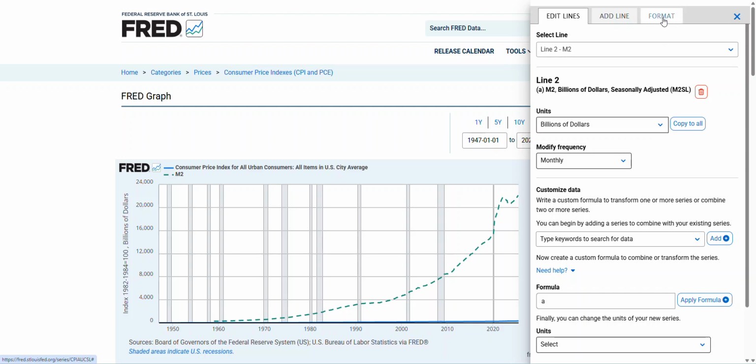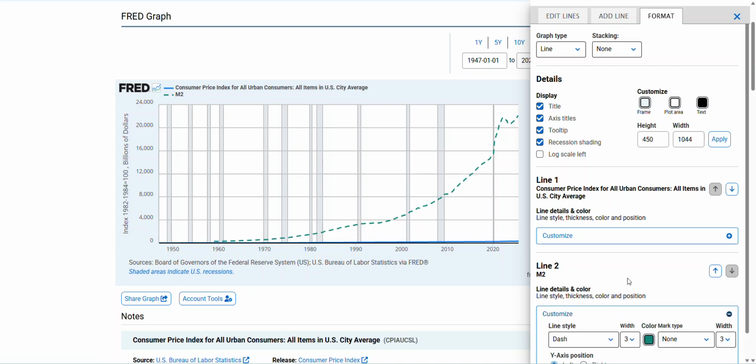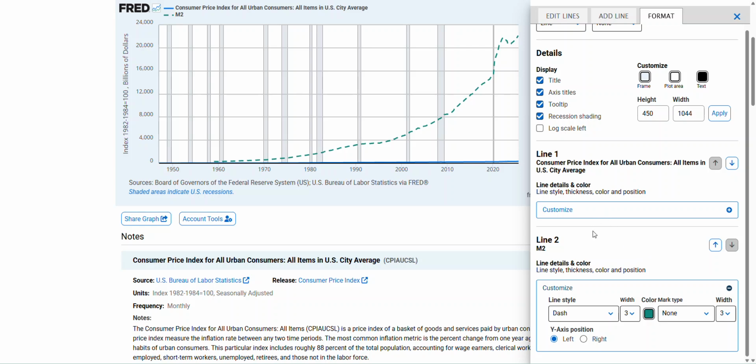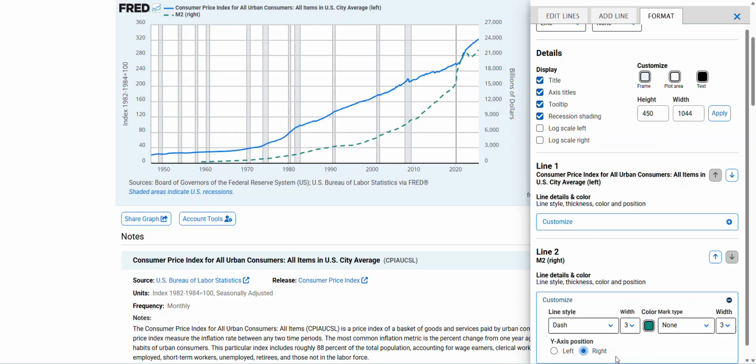I didn't have to leave this, but I did. And I'm going to go to format, and I'm going to go down to line number 2, which is M2. See, it tells you right there. And I'm going to put it on the right axis. As soon as I did that, notice what happened. Now you can see both series. One's being measured on the left-hand axis, one's being measured on the right-hand axis.